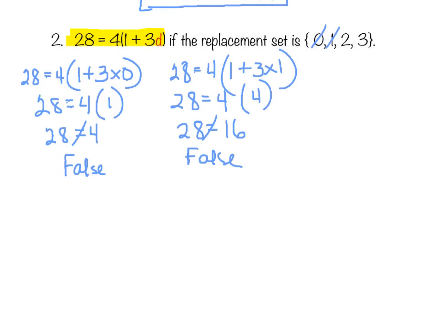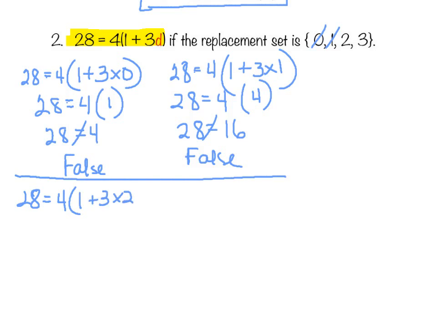Okay, let's continue. We'll try 2 now. 28 equals 4 times 1 plus 3 times 2. Again, we're going to follow order of operations.